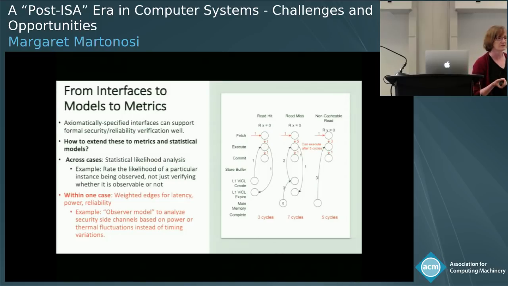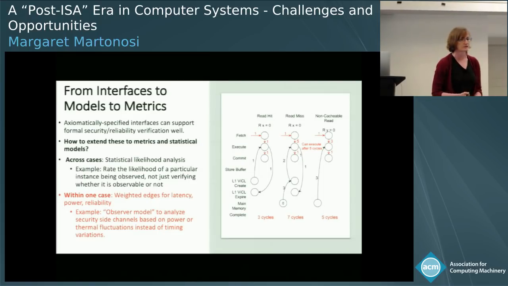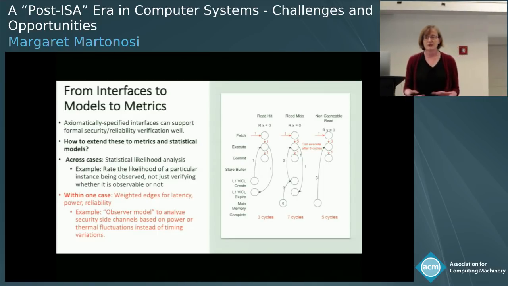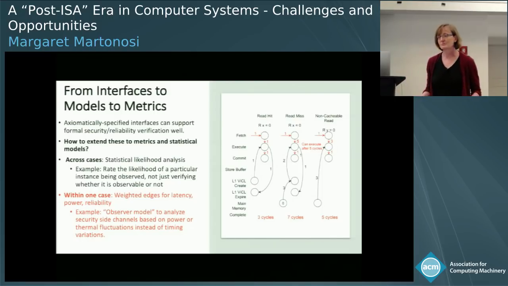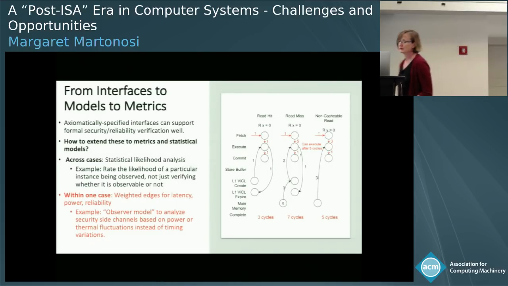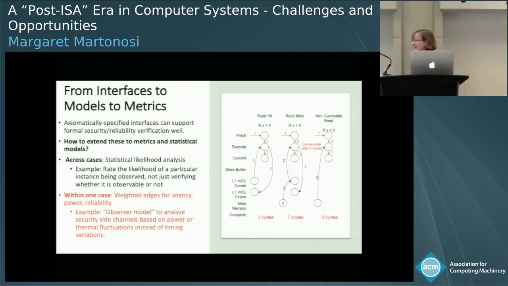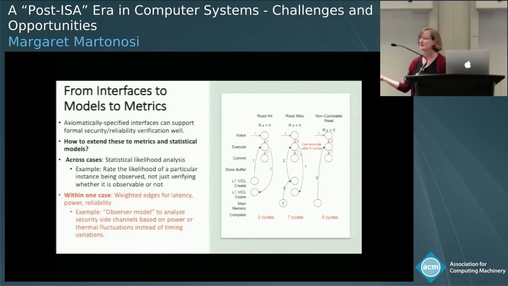Well, it turns out that a lot of security exploits have to do with being able to sufficiently differentiate different scenarios in terms of their timing, but also in terms of things like the power side channels, where you're differentiating whether it's a high power or low power case. Thermal side channels, people are differentiating based on the temperature of the chip at different points. Even sound side channels, where they're listening to the fan noise in a room and determining that.